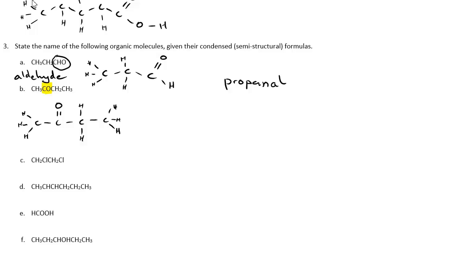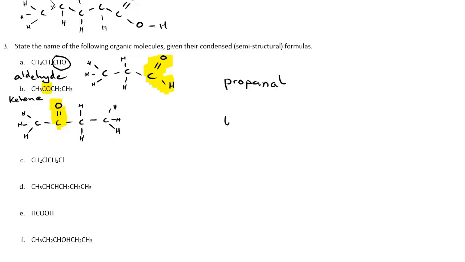Now, you can see the difference between an aldehyde and this type of molecule is that an aldehyde has the double bond O at the end. Okay, in this situation we have it in the middle of our molecule, in between two carbons. So this is actually known as a ketone. Okay, and ketones, well, normally it would just be 1, 2, 3, 4.